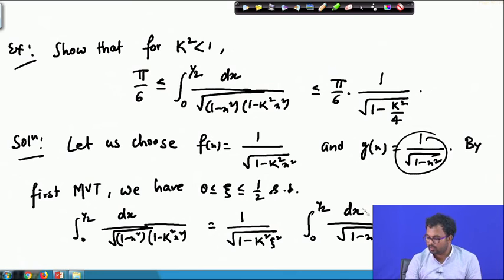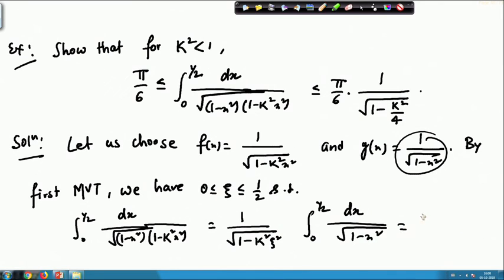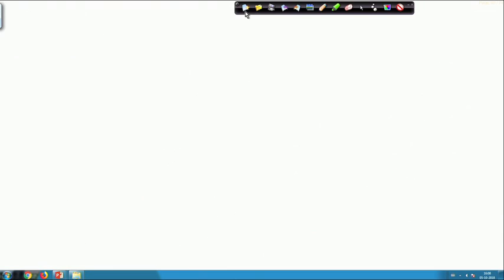But this integral here is nothing but sine inverse x from 0 to half. Now sine inverse half would be pi by 6.